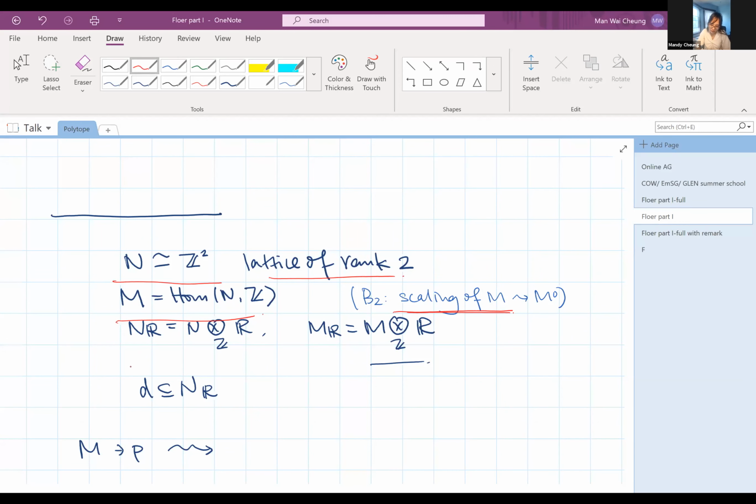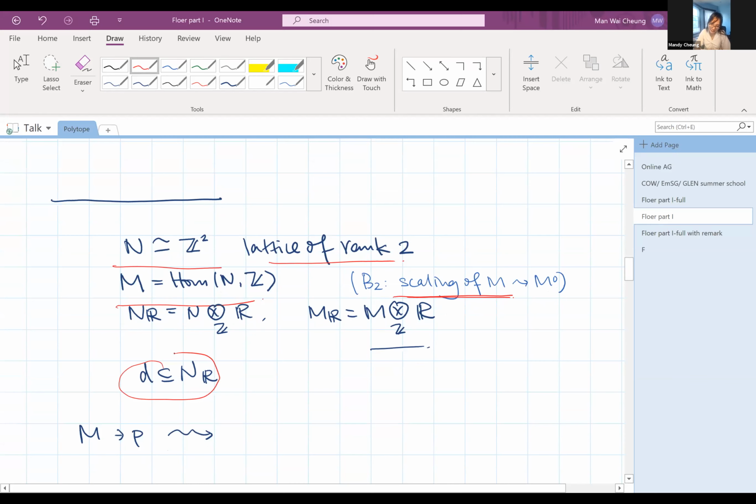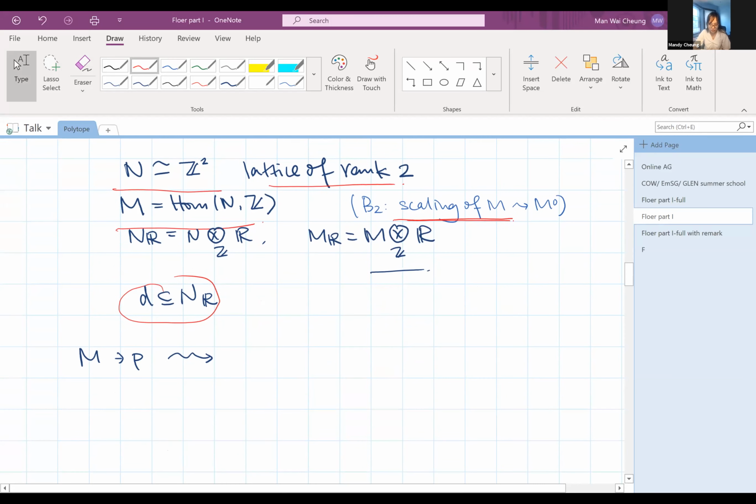And now the scattering diagram, you can see I just made a correction. We can either lie inside M_R or N_R, but in my example, I'm lying in M_R. The reason I was telling you about the lattice points is a hint from Julia's talk.